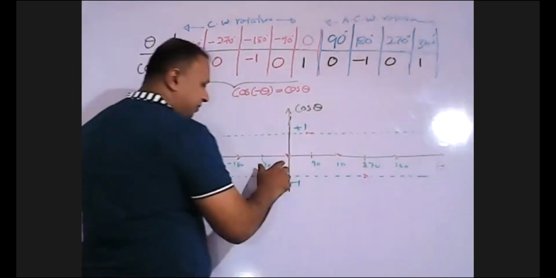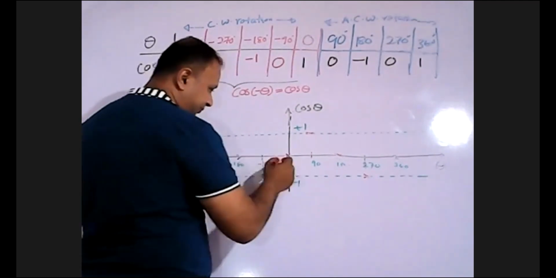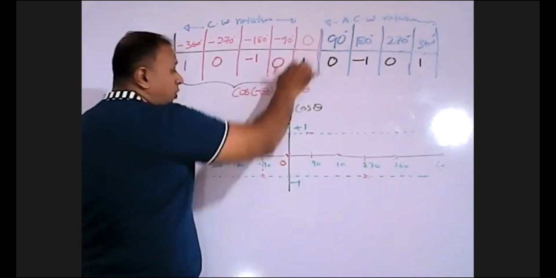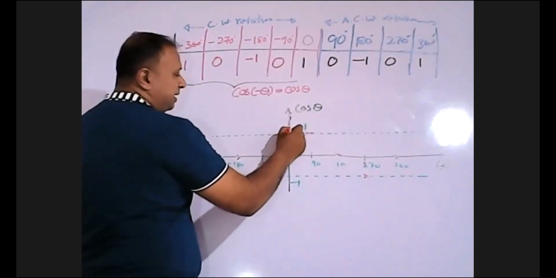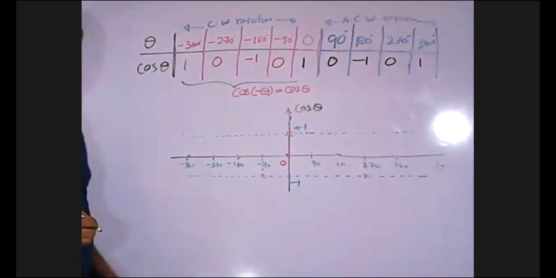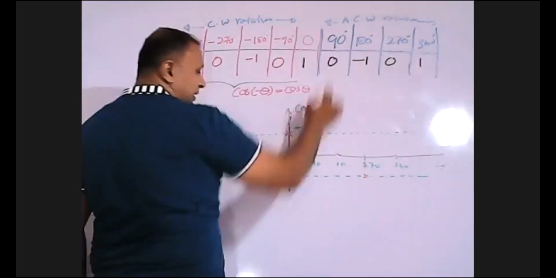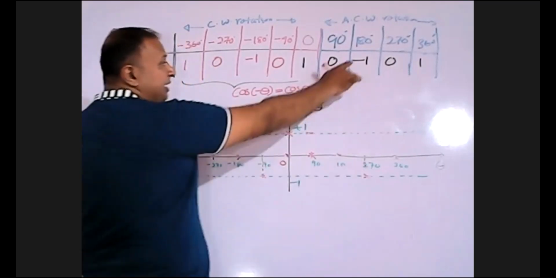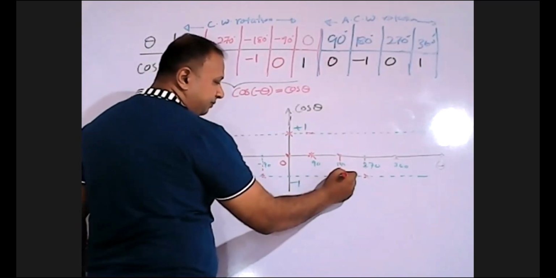Now we can draw this graph. When theta is 0, cos value is plus 1. When theta is 90, cos value is 0. When theta is 180, cos value is minus 1.